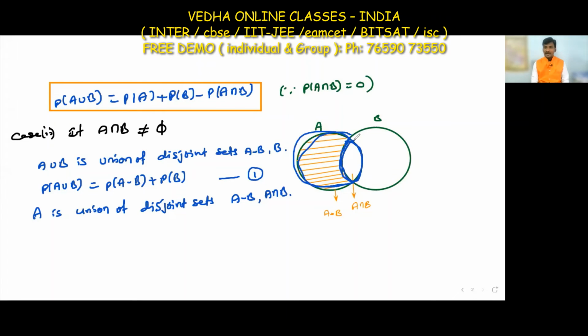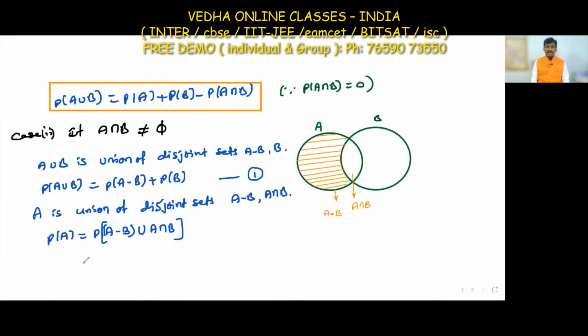These two are different, meaning they are disjoint sets. That means probability of A is equal to the sum of these two probabilities. Probability of A, we can write it as probability of A minus B union A intersection B.